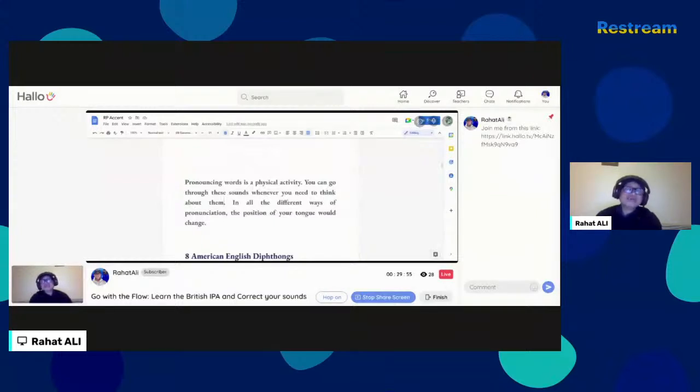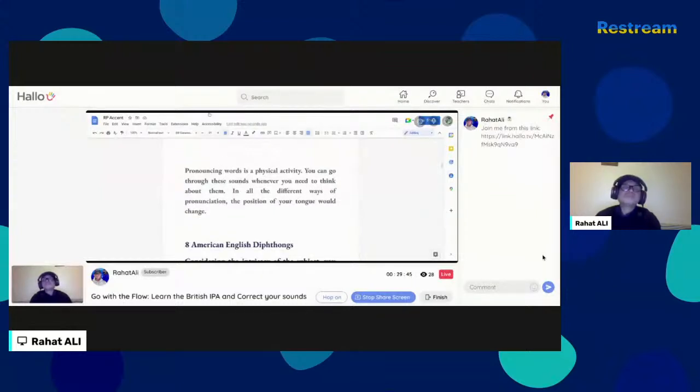Which means that when you're learning or developing, pronunciation is a matter of your practice and dedication. But the fact is that you have to practice in the correct way, not in the wrong directions.